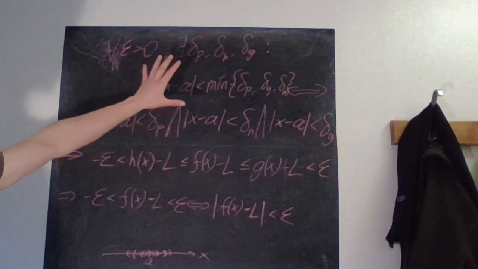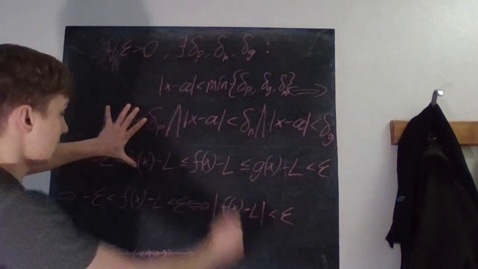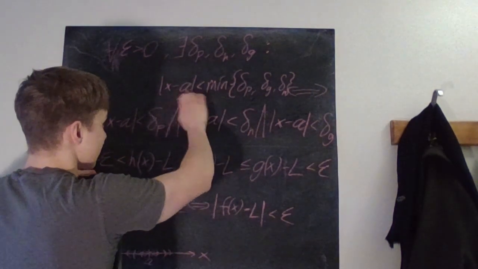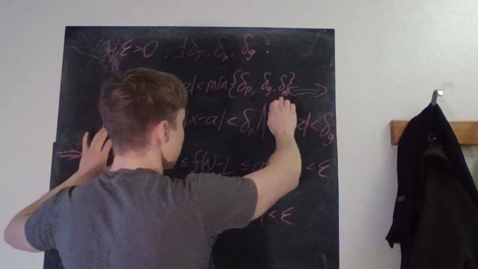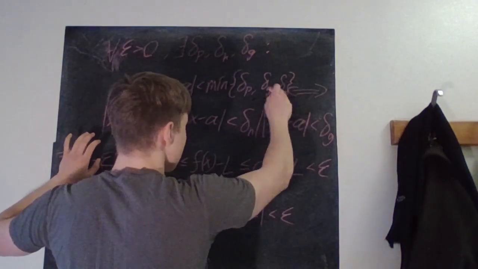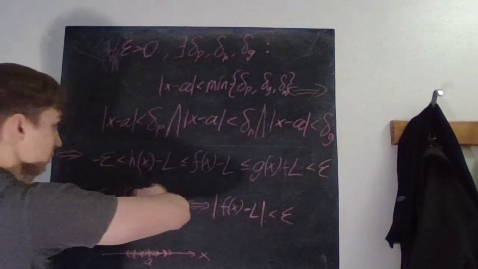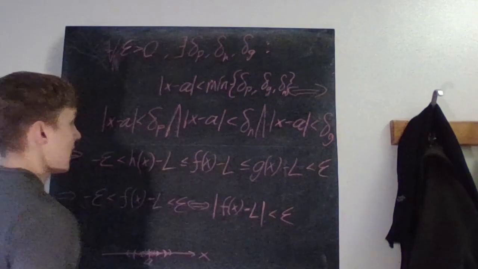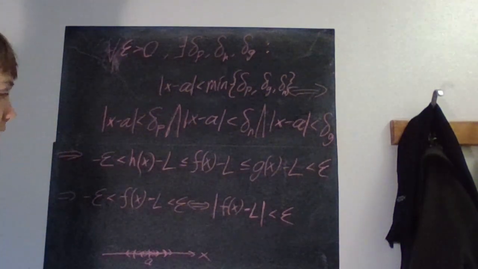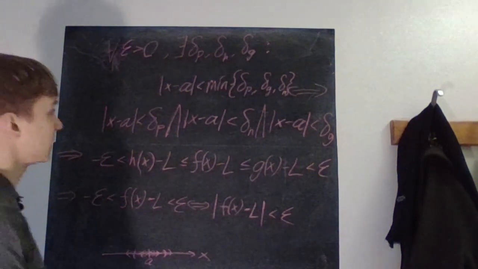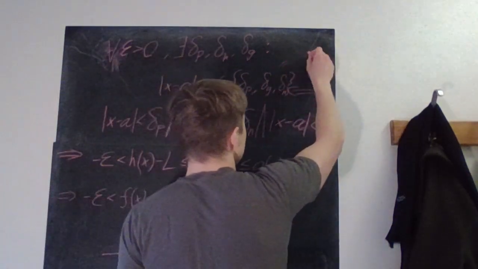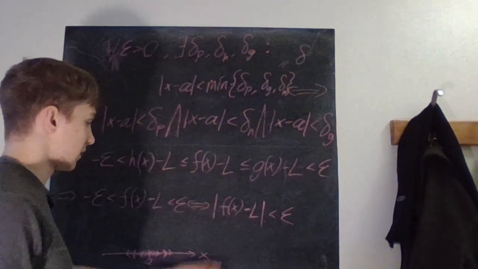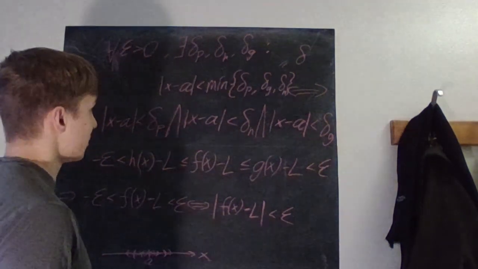So if we now ignore the middle part, what does it say? It says that if x minus a is less than the minimum of these three things, that always implies that f of x minus L is less than epsilon. So now, if we just denote this as our epsilon, then the proof always holds.